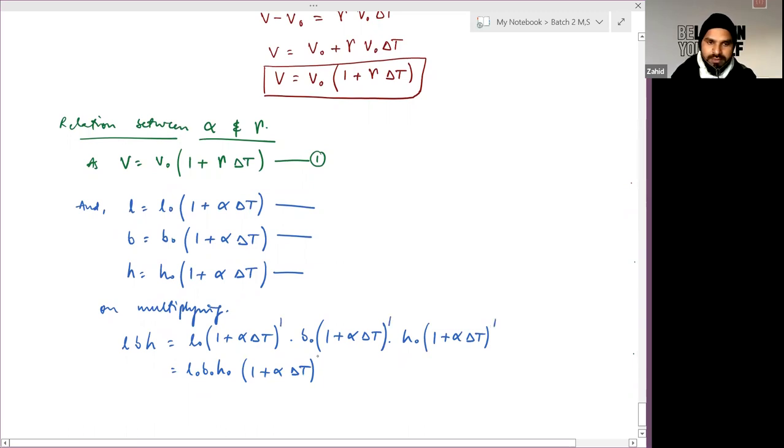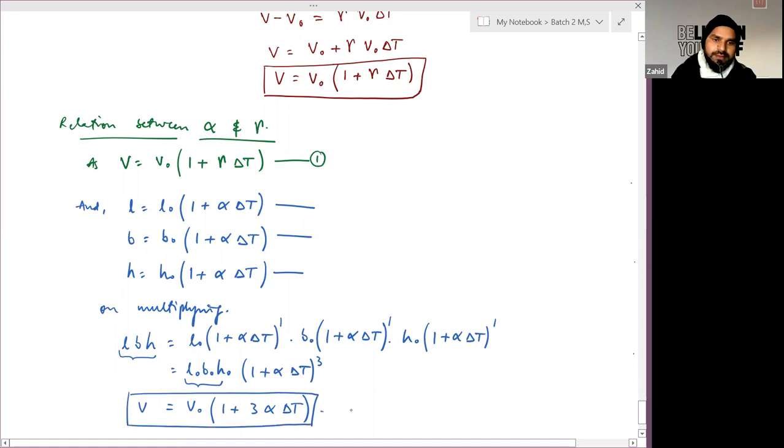So on combining, it will become raised to the power 3. Length, breadth, height will be the final volume, and L naught B naught H naught will be the initial volume V naught. According to binomial expansion, this will become 1 plus 3 times alpha delta T. Let's say this is equation 2.